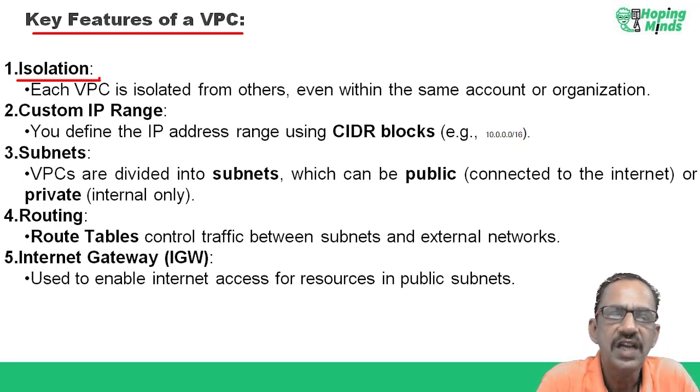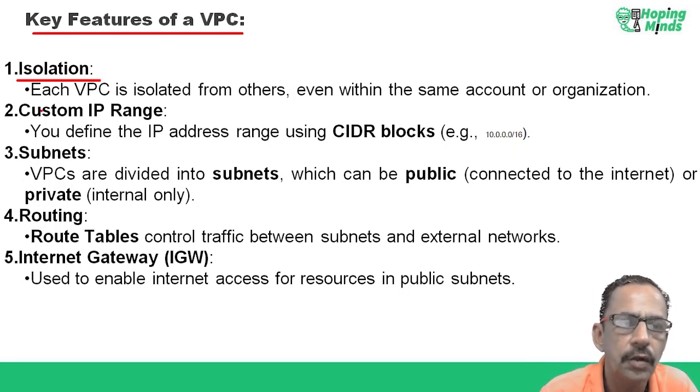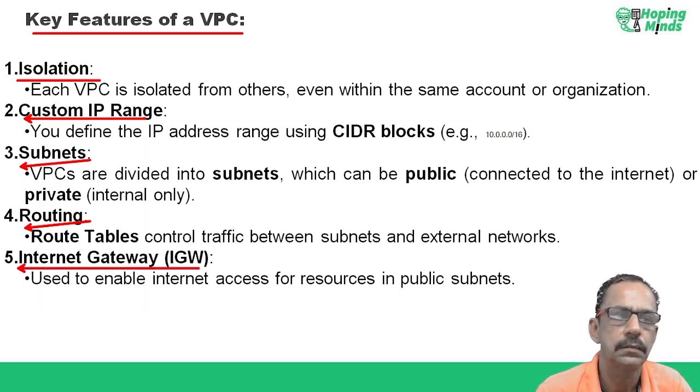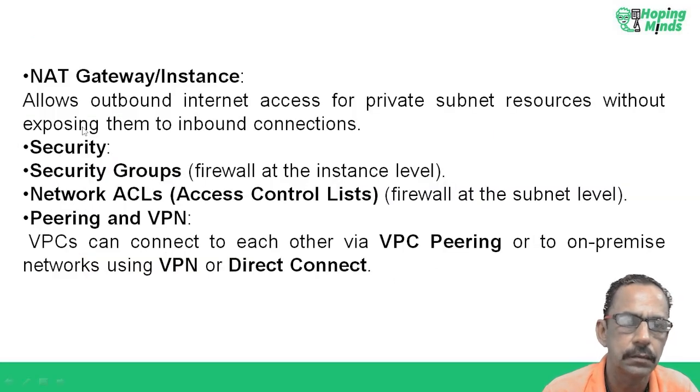So isolation is one feature of VPC. Custom IP range: you can define your own IP series there. Then we create the subnets, we do the routing, and we configure the internet gateway. All things have been discussed already and shown to you in the demonstration also.